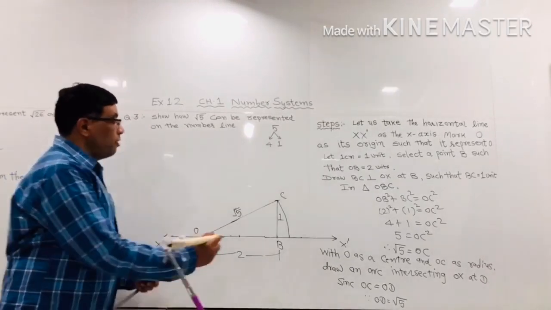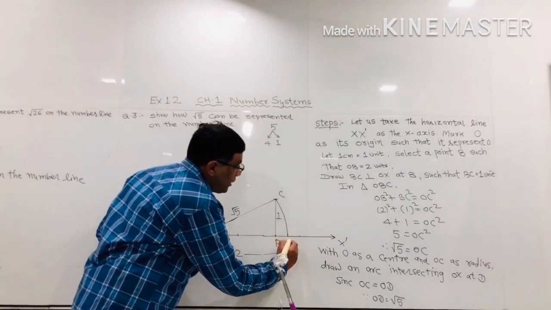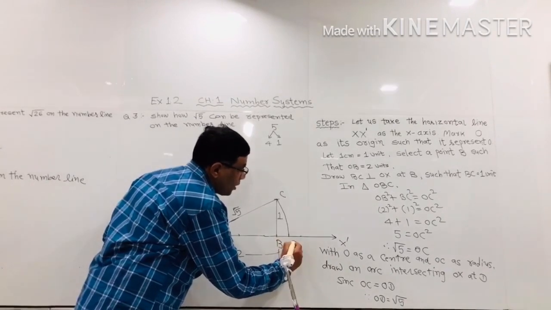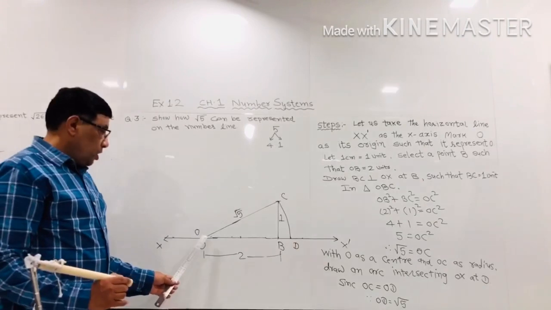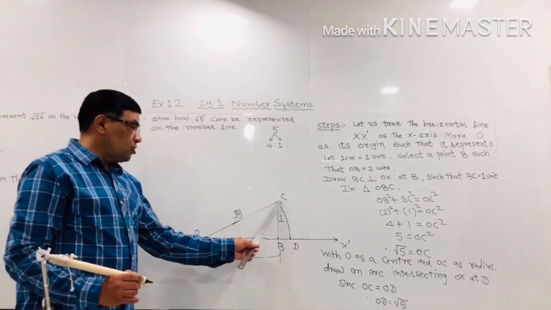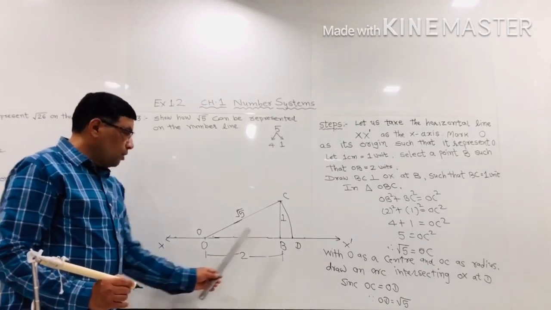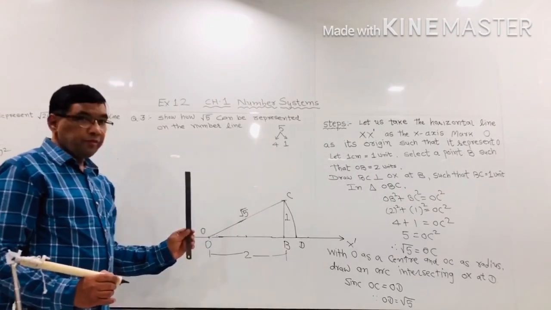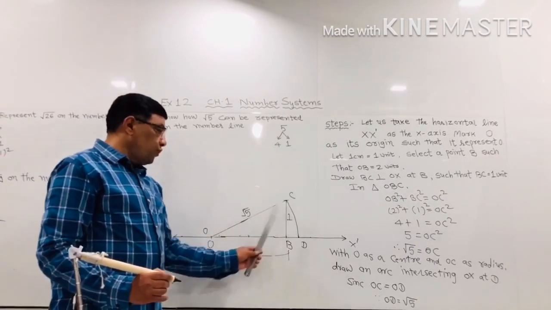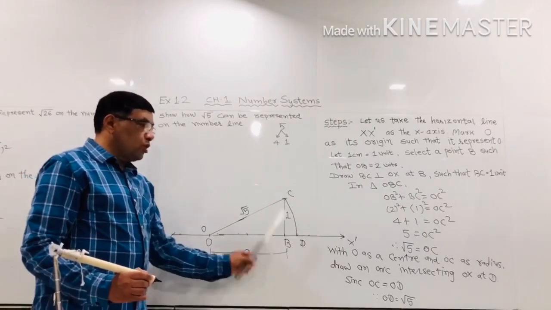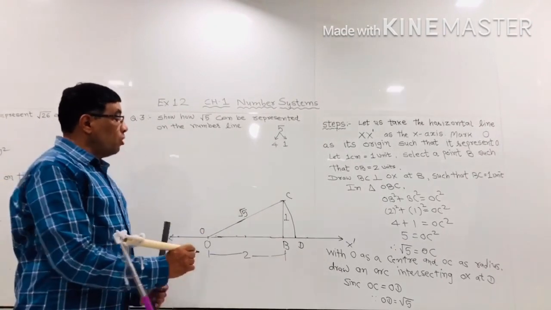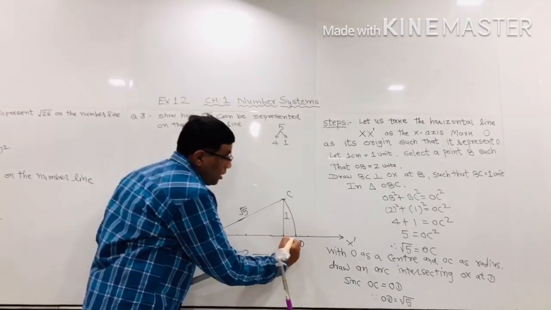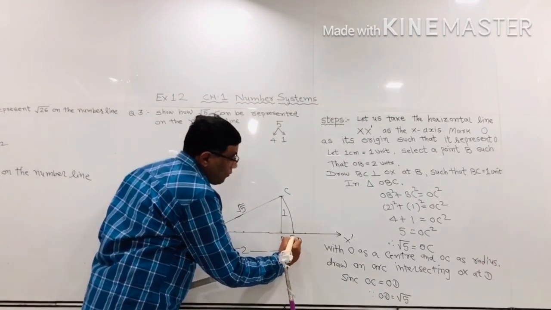Let this point be D. Here we write this point as D. Now see, OC is equal to OD, and OC is root 5, therefore OD is also root 5. So the value of this point D is root 5.